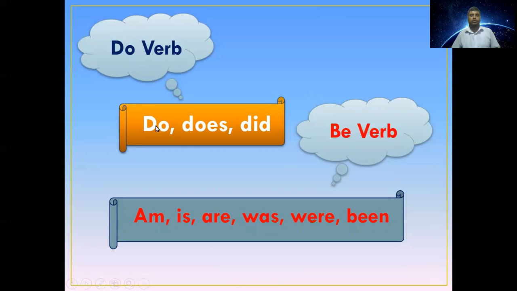Do verb has three kinds in the shape: do, does, and did. Be verb has six kinds in the shape below: am, is, are, was, were, and been.